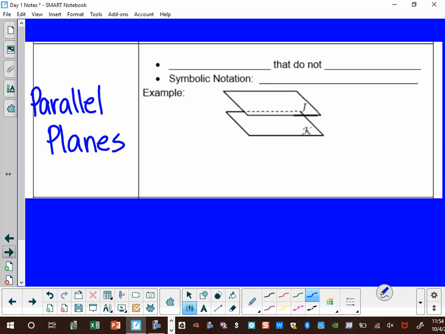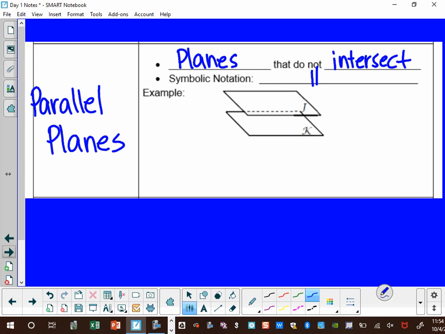Alright, parallel planes. Parallel planes are planes that do not what? Are they touching or not touching? They're not touching, right? So they do not intersect. What's my symbol, Chris, for parallel? Two little lines.